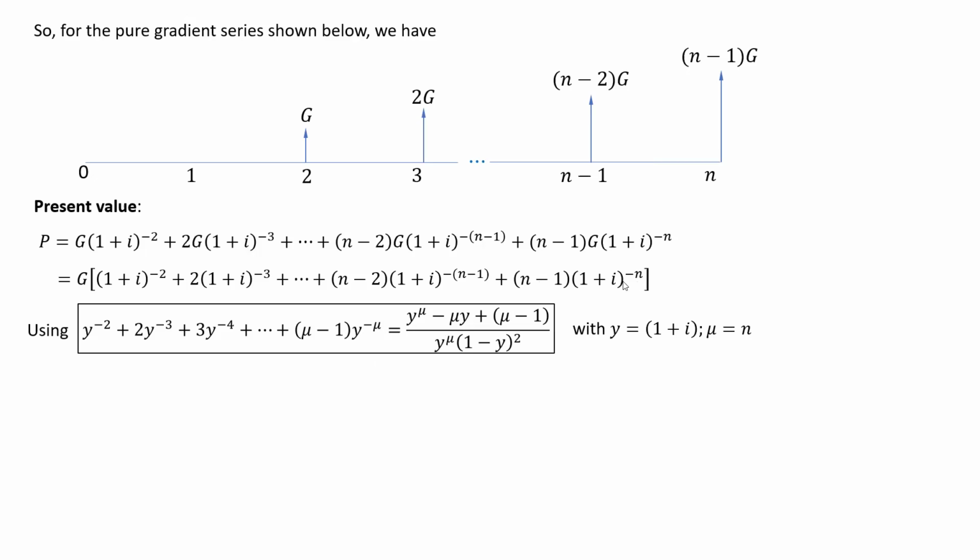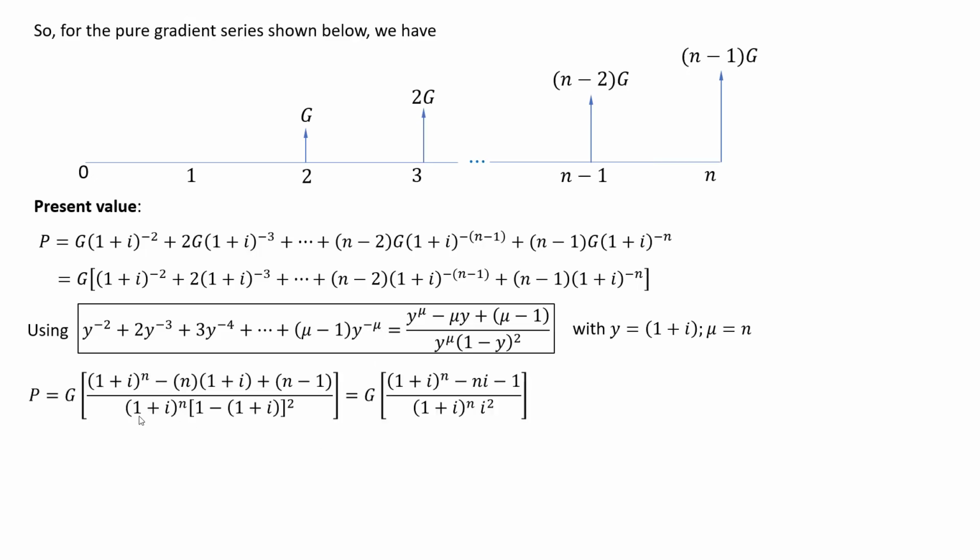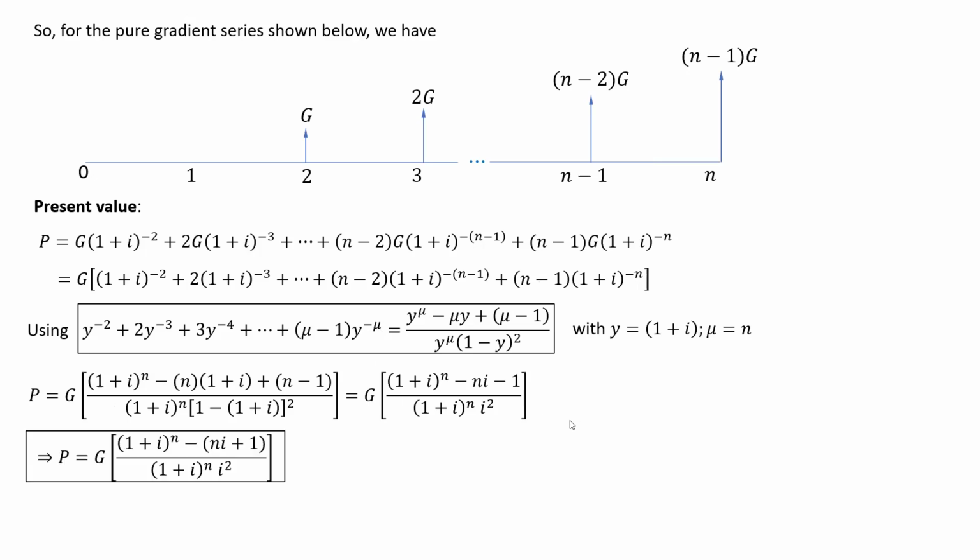So negative mu must be equal to negative n, so mu must be equal to n. That's what I'm saying. Cool? All right. And then if you plug and chug and simplify, this is what it becomes. Okay? Or I like this particular form.